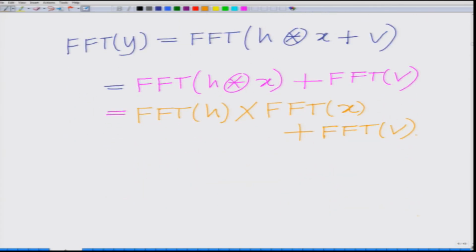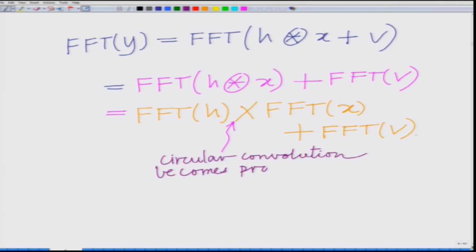Remember, the circular convolution becomes a product in the FFT domain, or basically your frequency domain.